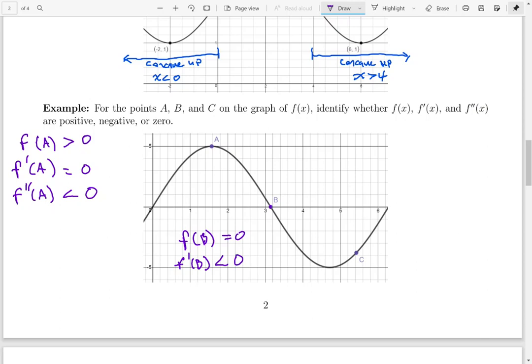Then we want to talk about the concavity, or what's actually happening with the slope as we move through point b. Notice a couple of things. First off, this section here is concave up and this section here is concave down, so by my observation, b should be an inflection point. That is where concavity changed.